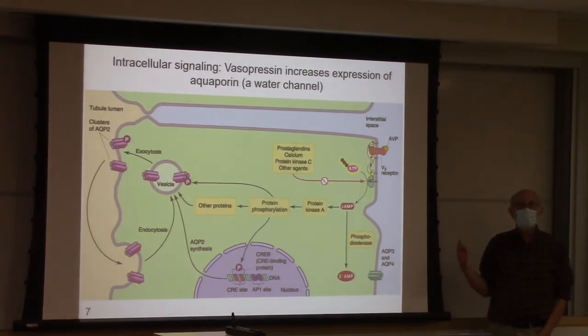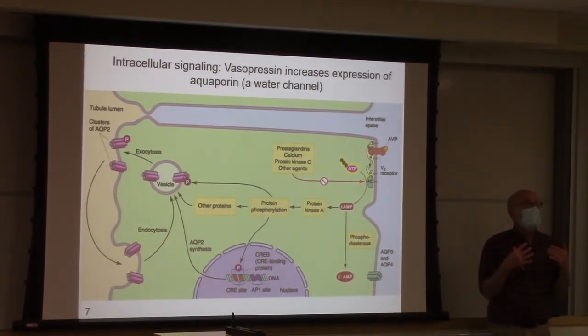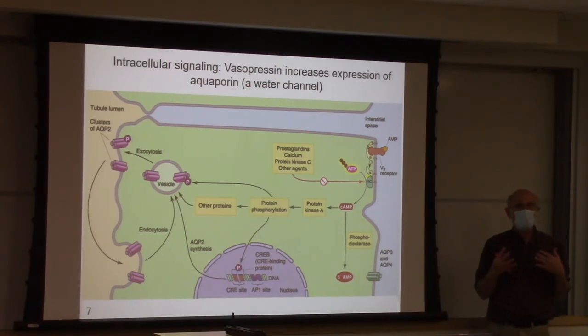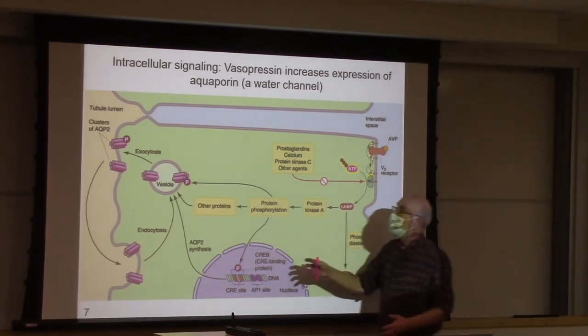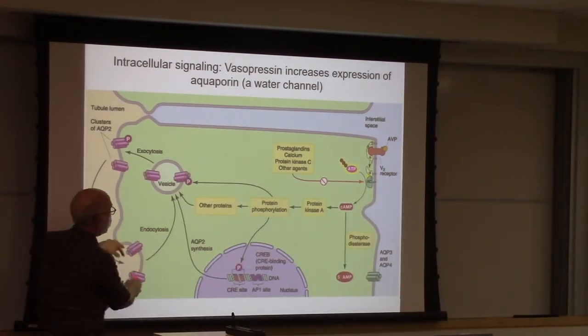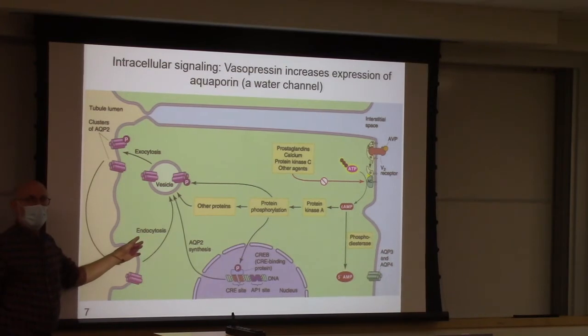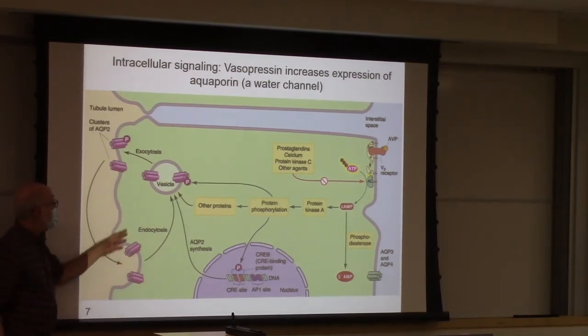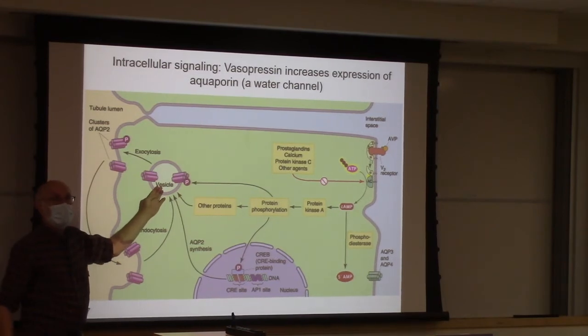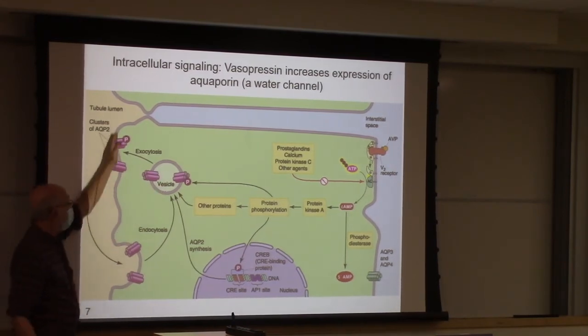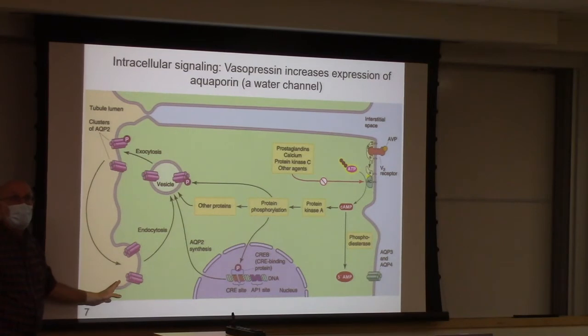So in the absence of vasopressin, remember the absence of vasopressin means low water permeability. This channel is still there, but because there is constitutive endocytosis all the time, these channels have all been taken up into these vesicles, and there's very little aquaporin on the apical membrane.